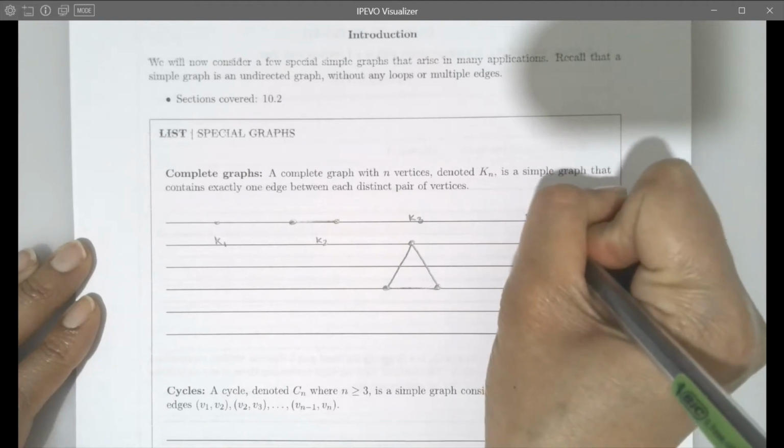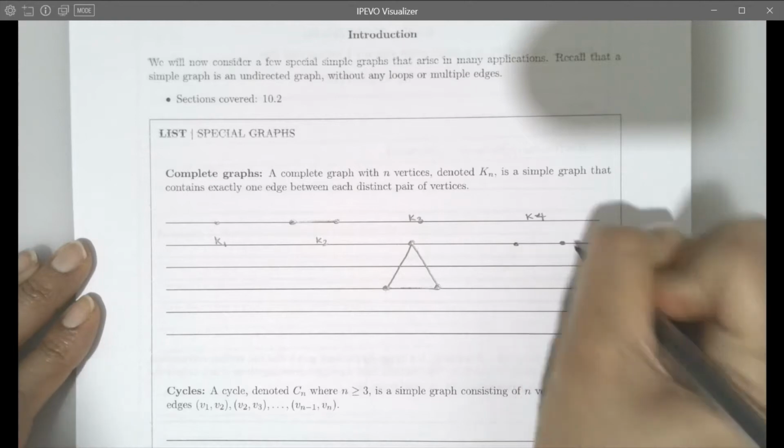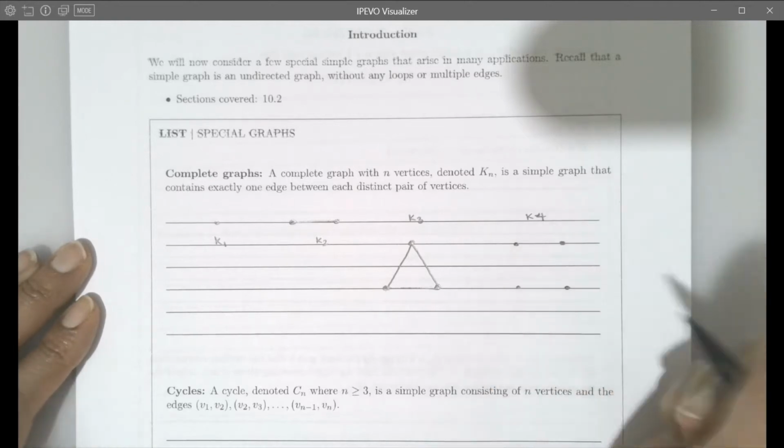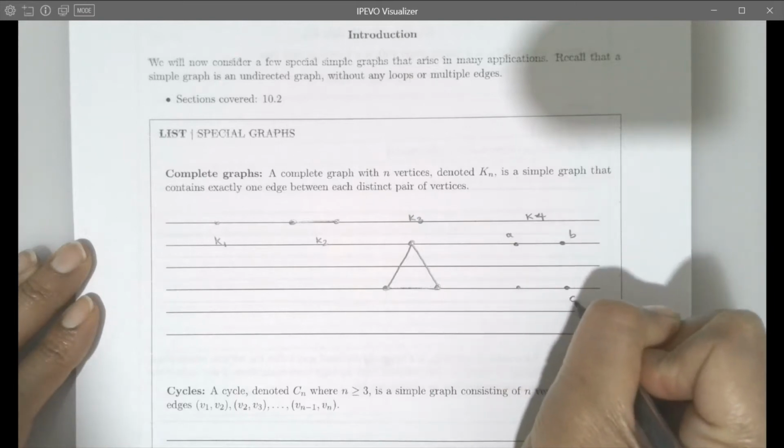If we look at one more, K4, that means we have four nodes, and I'll go ahead and label these so it's easier to refer to them.